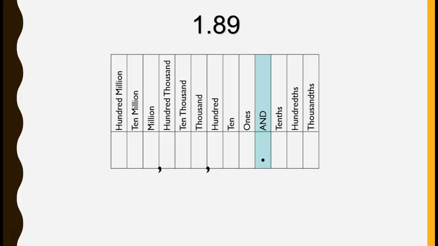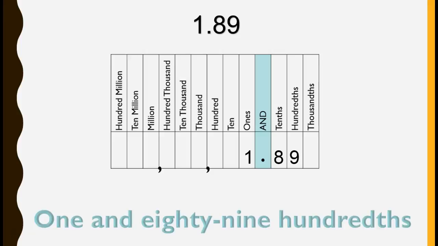Okay, so you might quickly say 1.89. Well, if you see it written as words, it's not going to say point, and it's not going to say 89. So let's remember how to properly read this. Let's put it on our chart there. We're going to read 1 and 89/100.